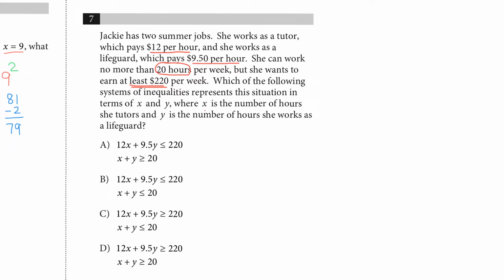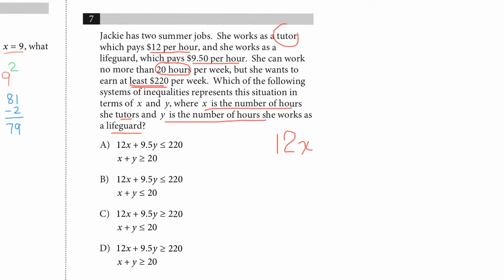Well, what is x? Well, x is going to be the number of hours that she tutors. And how much does she get paid for tutoring? For tutoring, she's getting paid $12 per hour, $12 per hour for x hours. And also we know that y is the number of hours she works as a lifeguard. And how much does she get paid for working as a lifeguard?